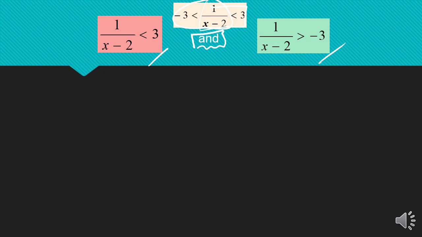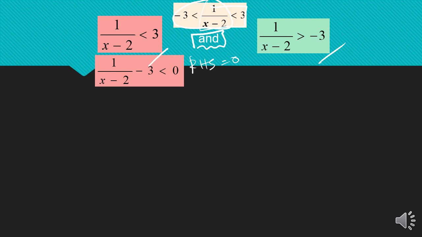So the first side, for the first one on the left side, what we can do, remember, for the rational inequality, we have to make sure the right hand side must be equal to 0. So that's why we have to subtract 3 on each side to eliminate the 3 on the right hand side. So after that, what we should do?